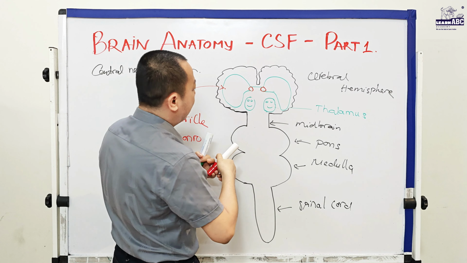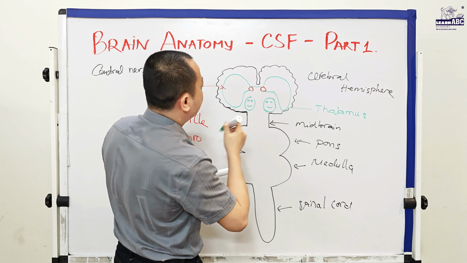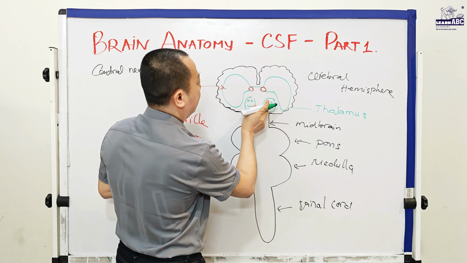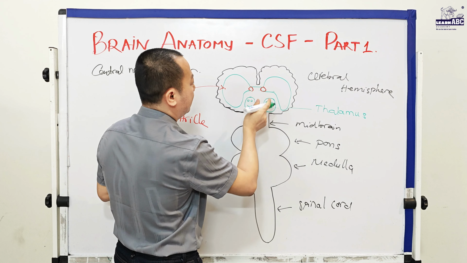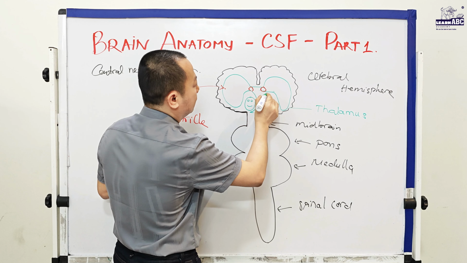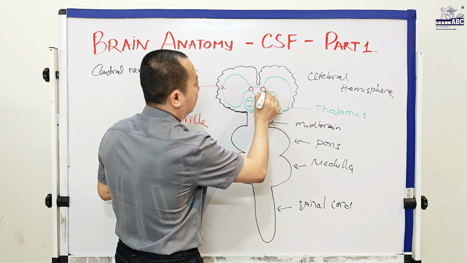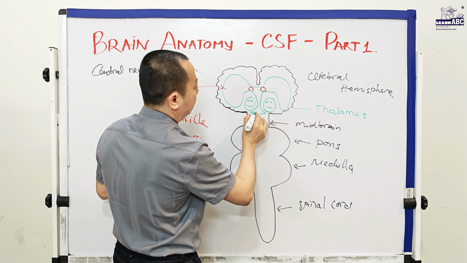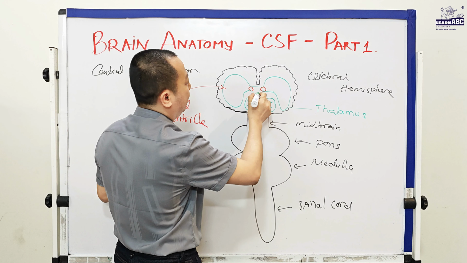And then down to here, this is the thalamus. From here, the CSF will flow.